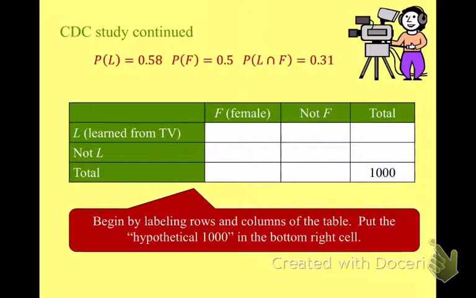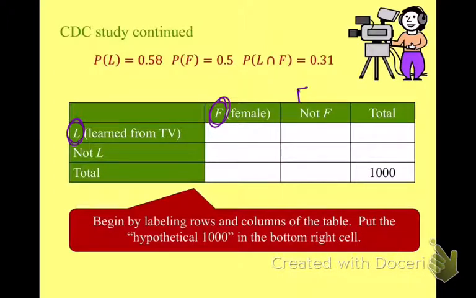So what I do is I begin by labeling the rows and columns of the table. You have both of your events, female and learn from TV, and those go in the top left column and then the top row. And it's always a 2x2 table where you have female and then not female.